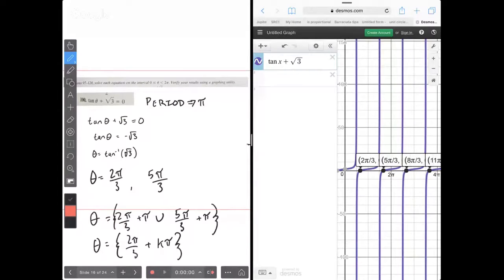It only equals that value once every period. I could say this, but I don't need it. Not necessary. And this should have had k. Questions on 100 on the next section.